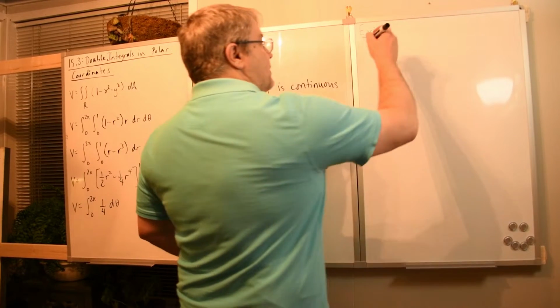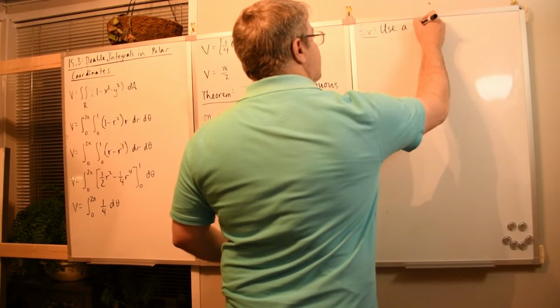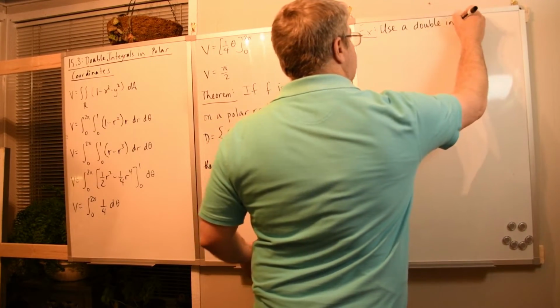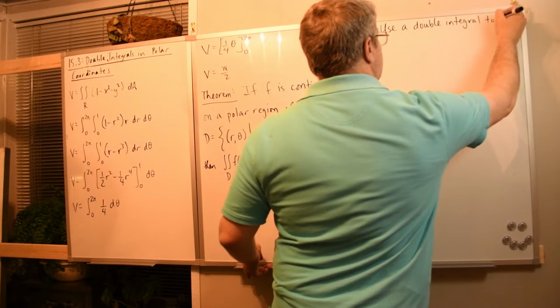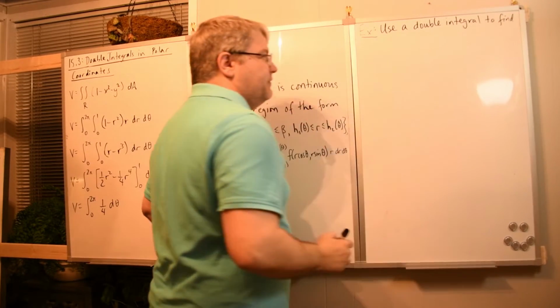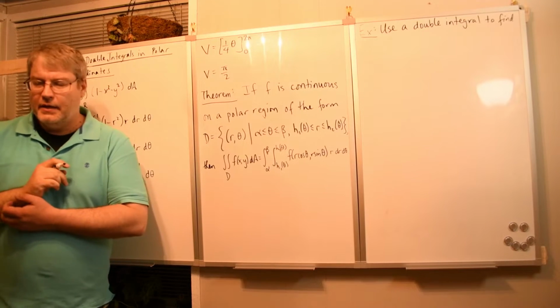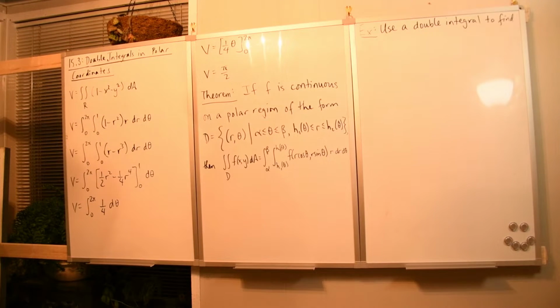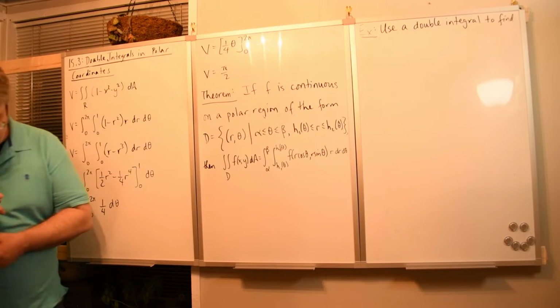For this example, we're going to use a double integral to find a certain area, the area enclosed.